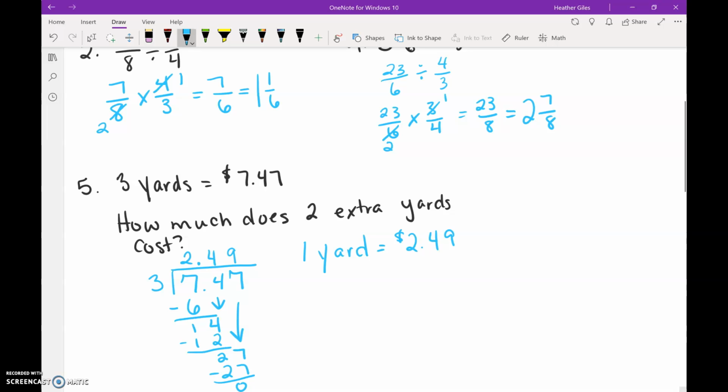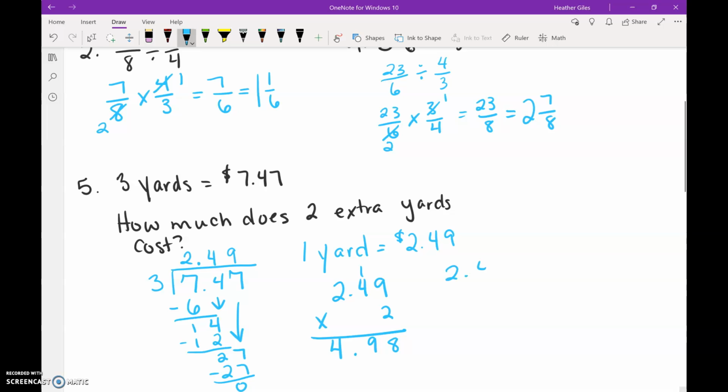I have to buy 2 more yards. So what am I going to do? Well, if I have to buy 2, I need to take that $2.49 and either multiply it by 2 or add it together however many yards I need. So I could do $2.49 times 2. 2 times 9 is 18, carry the 1. 4 times 2 is 8, plus 1 is 9. 2 times 2 is 4, so I get $4.98 that way.